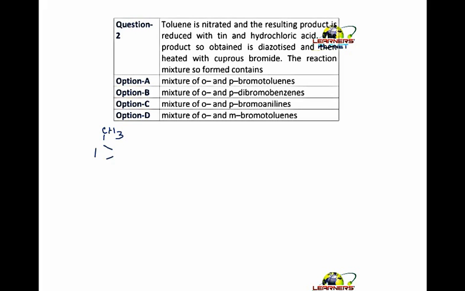Now this is treated with the nitrating mixture. What is your nitrating mixture? The nitrating mixture is concentrated H2SO4 plus concentrated HNO3. You must be knowing that this is your nitration mixture, right?